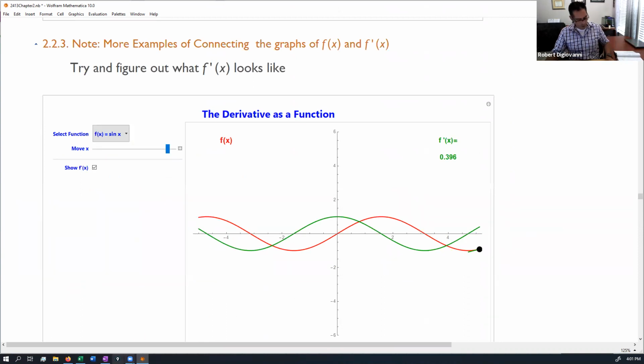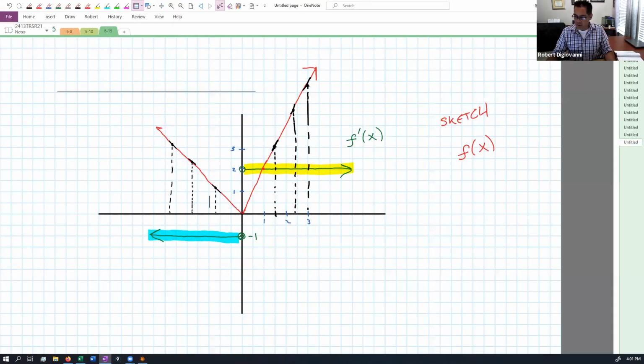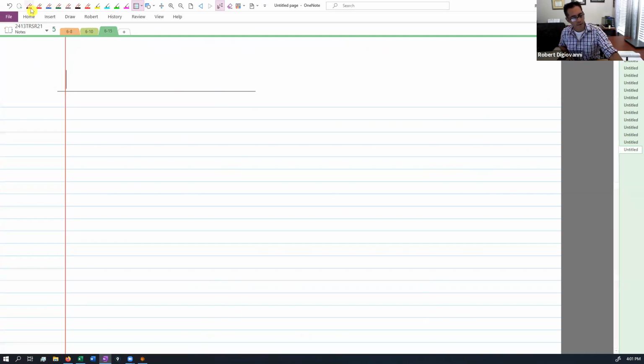All right. So formally, I need to just make sure we understand this. Given f, f prime of x is the derivative of f at x.